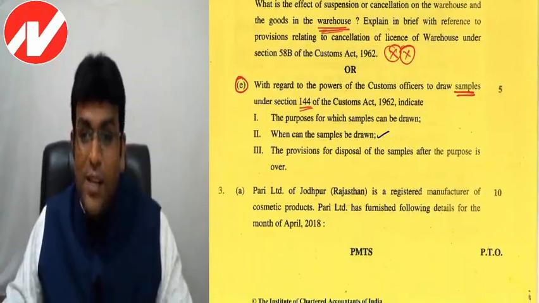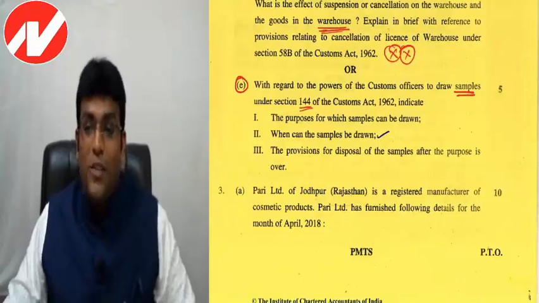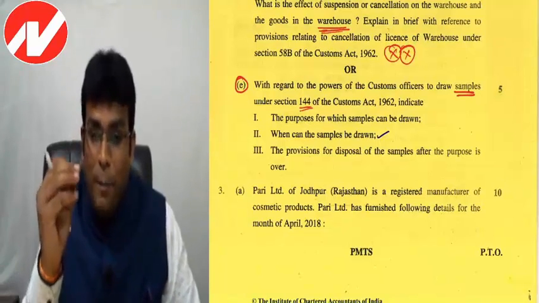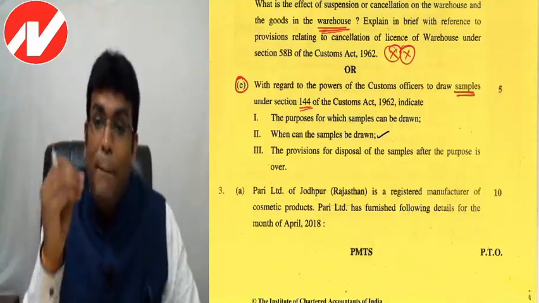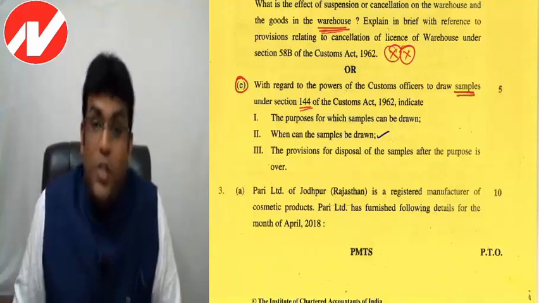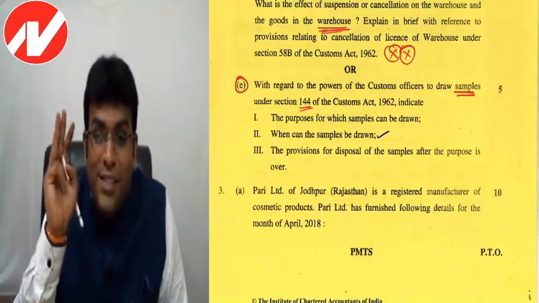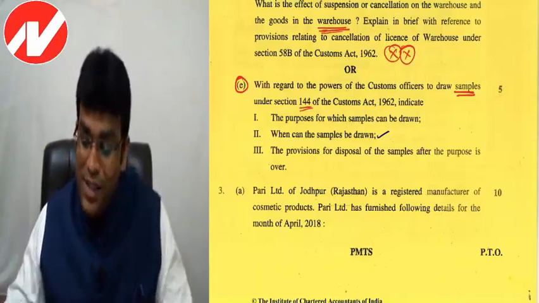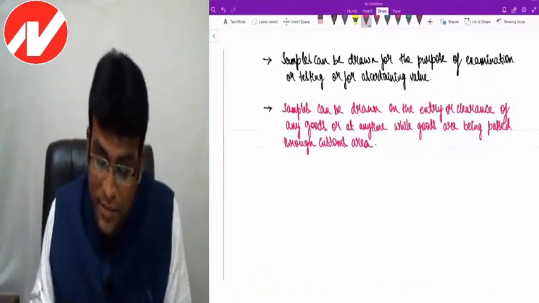Last bit they asked is provisions for disposal of sample after purpose is over. So generally what they do is, after purpose is over, they will return the sample back to the owner if it's possible. However, if owner fails to take delivery within 3 months, then the sample will be disposed of. Let me write the answer.